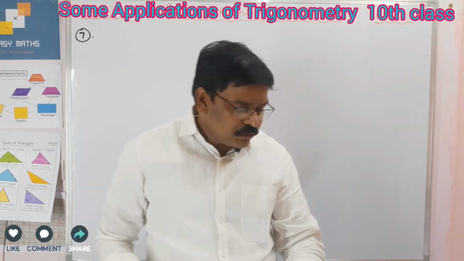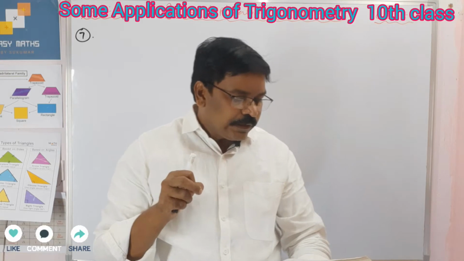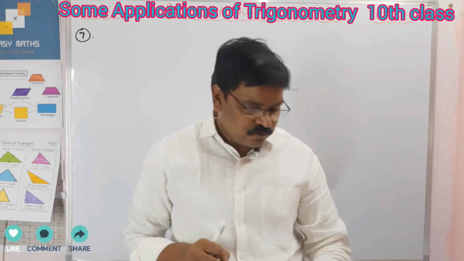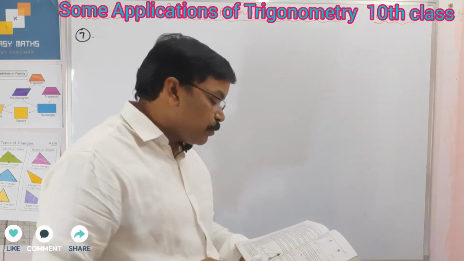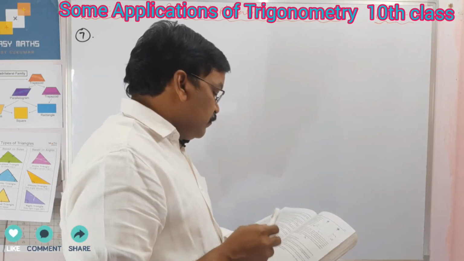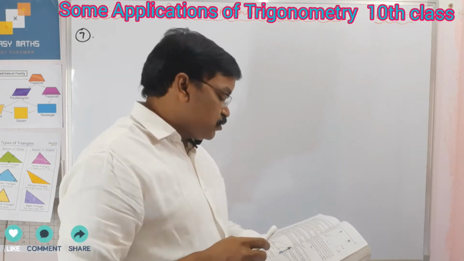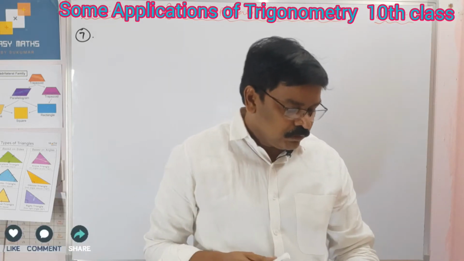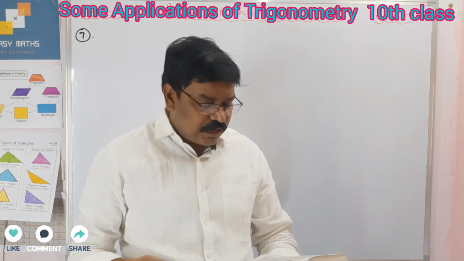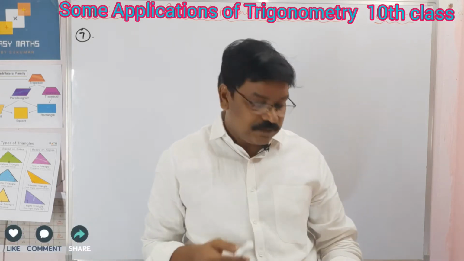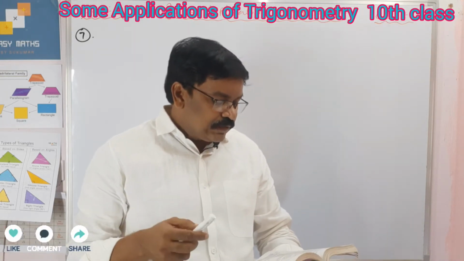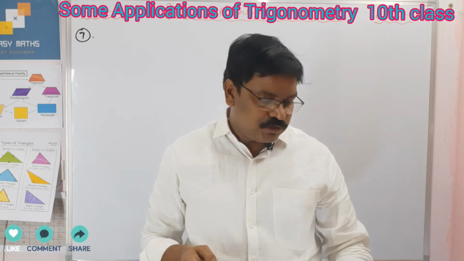Now coming to the 8th question in exercise 9.1, a statue 1.6 meters tall stands on the top of a pedestal. From a point on the ground, the angle of elevation of the top of the statue is 60 degrees, and from the same point, the angle of elevation of the top of the pedestal is 45 degrees. Find the height of the pedestal.